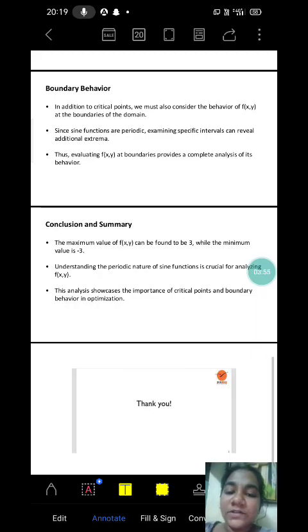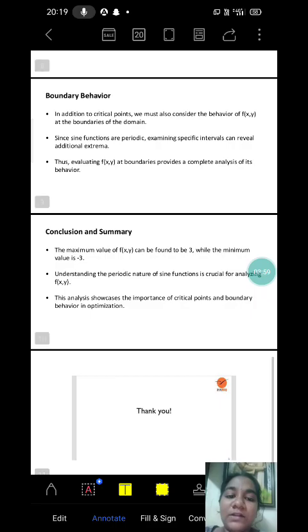Since sine functions are periodic, examining specific intervals can reveal additional extrema. Thus, evaluating f of x comma y at boundaries provides a complete analysis of its behavior.